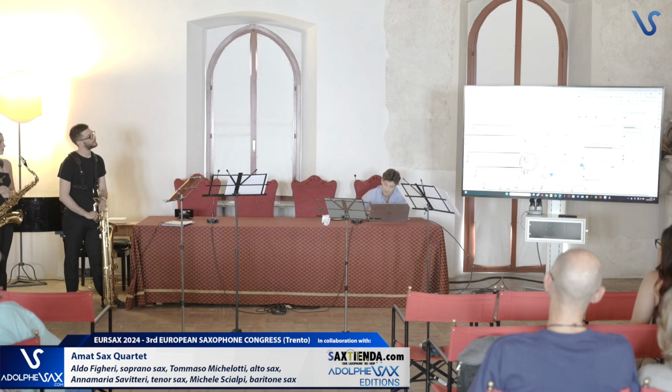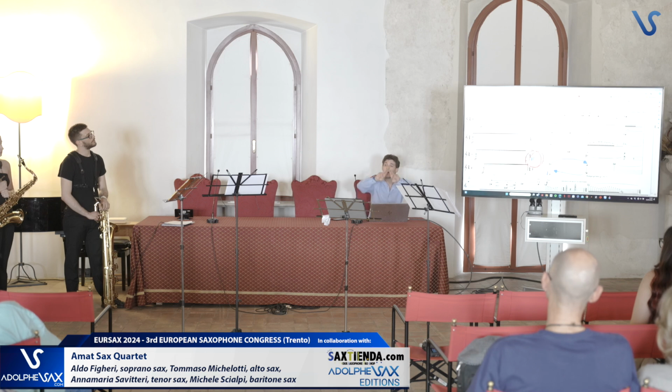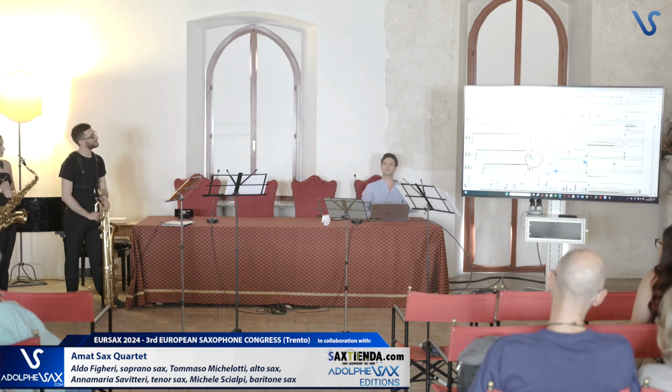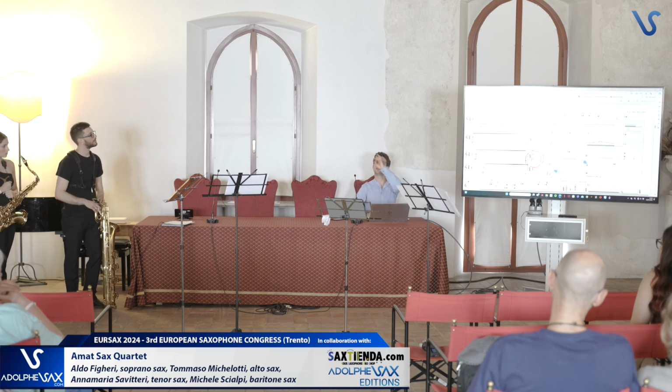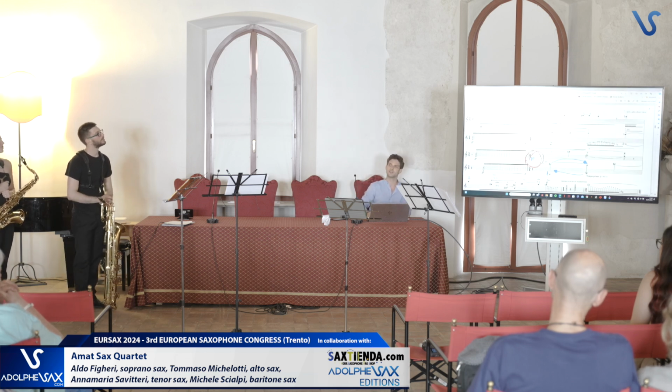Each of them is playing a different technique, but when you listen to the general sound outcome, you can't recognize who is playing what. Who is playing the glissando with key? Who is playing the glissando without key, just with embouchure? Who is playing the bisbigliato with half-pressed key? You just can't recognize it.